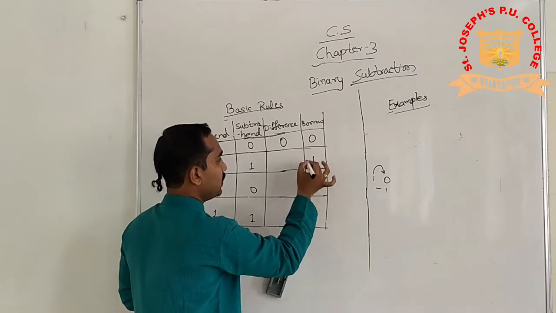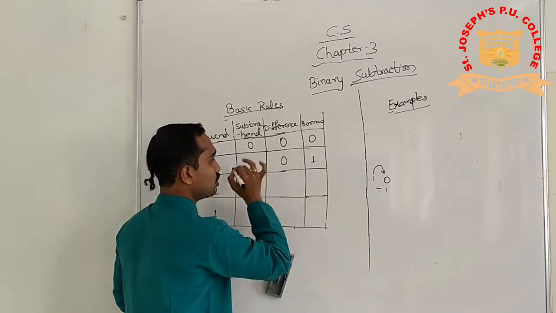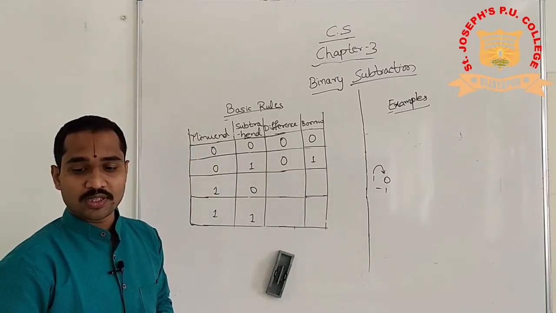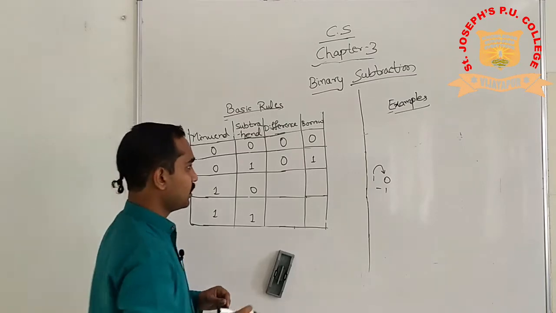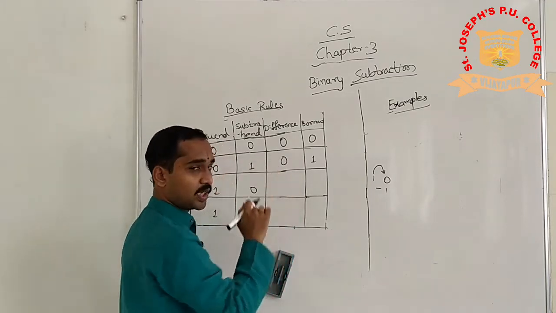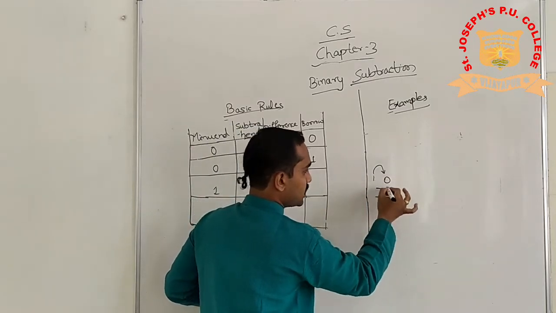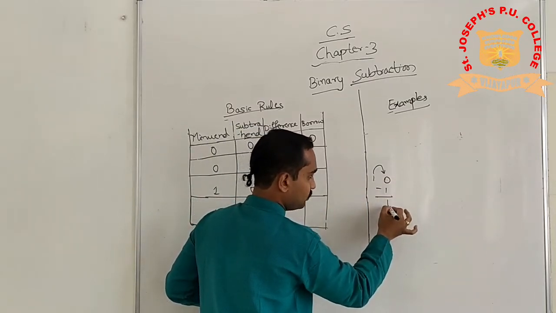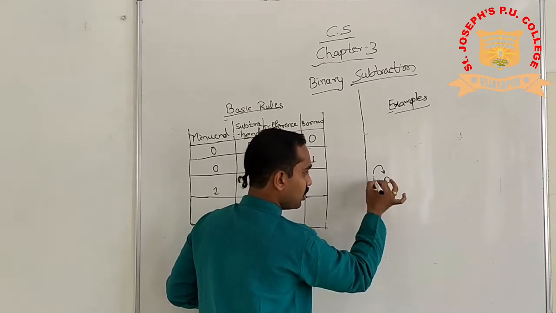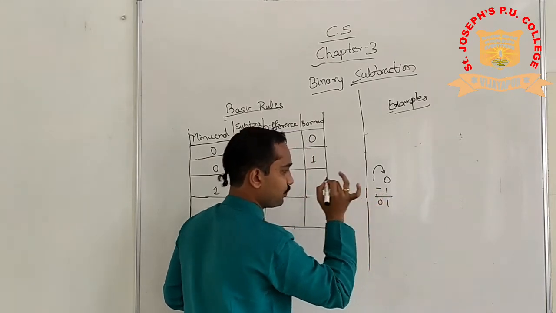So, borrow should be 1 and the difference should be what? Is it 0 or 1? See, 1 you have taken as borrow. 0 minus 1, 1, okay, 1, and it is 0.